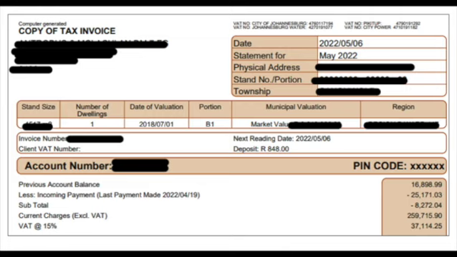Their rates account and their services account used to be on two different accounts. When they merged the two accounts, council failed to link their electricity to the merged account. They then, in 2022, realized their mistake, and they tried to back bill them for 4 years rather than the prescribed 3 years.